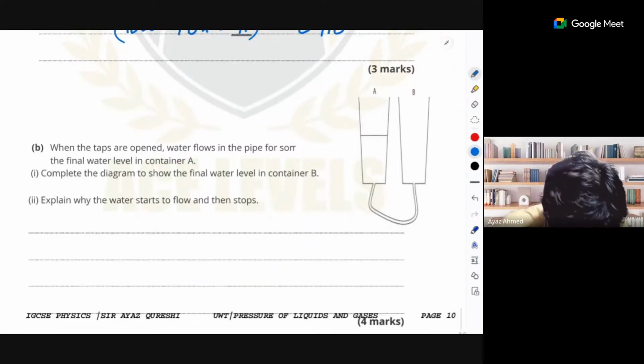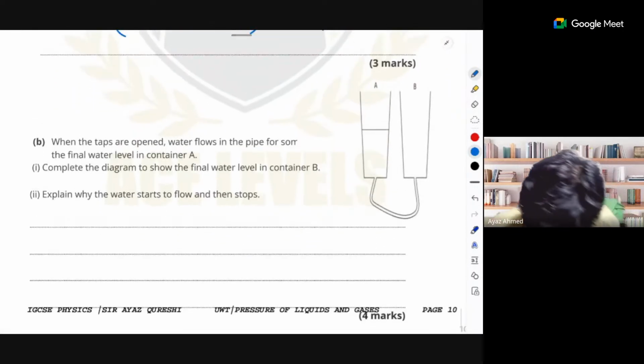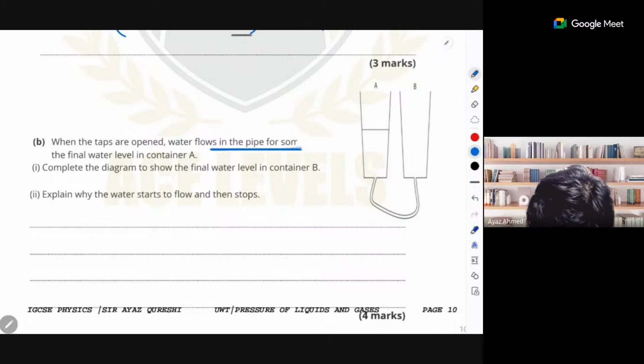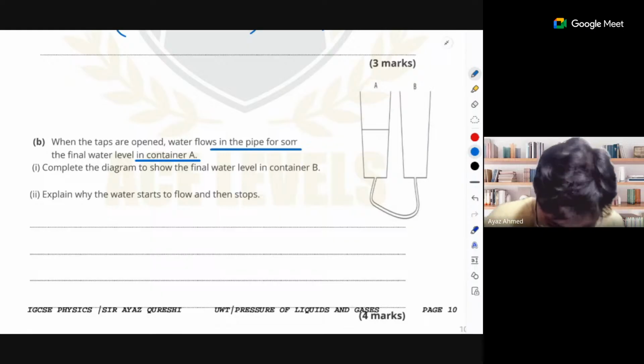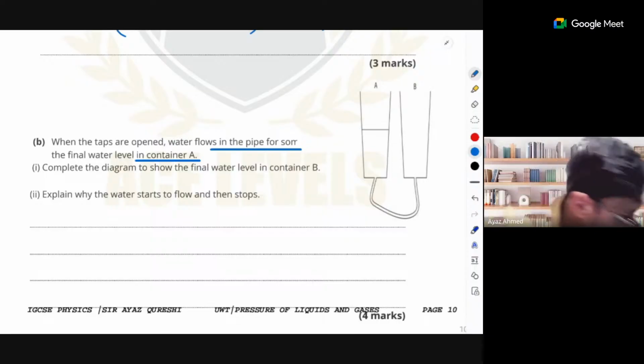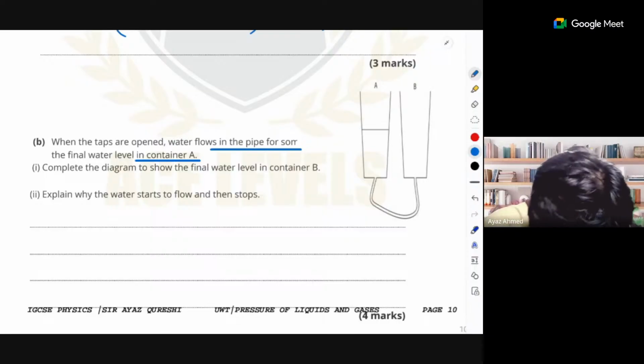Next, when the taps are open, the water flows into the pipe for some time. Complete the diagram.